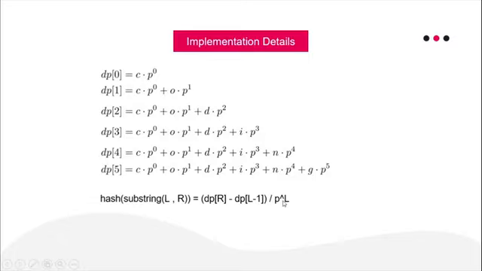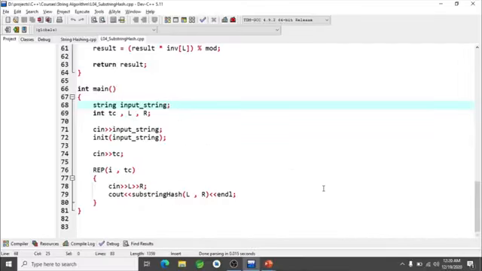Whatever you want to divide by, calculate the inverse modulo of the denominator, and instead of dividing, simply multiply by the modulo inverse of the denominator. So this expression converts into dp of R minus dp of L minus 1 times the inverse modulo of p raised to power L, right? So division is not allowed. Instead we have to find the modulo inverse and multiply with it. That is why we need to calculate the modulo inverse as well.